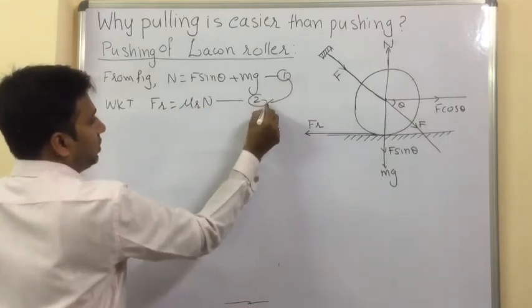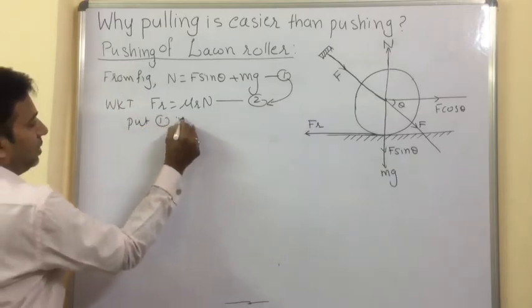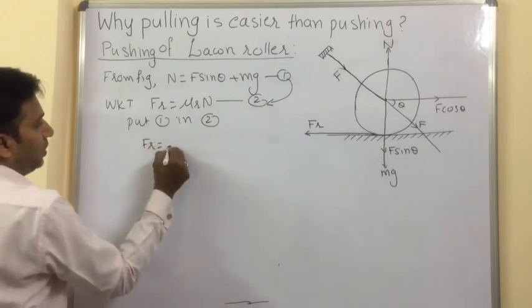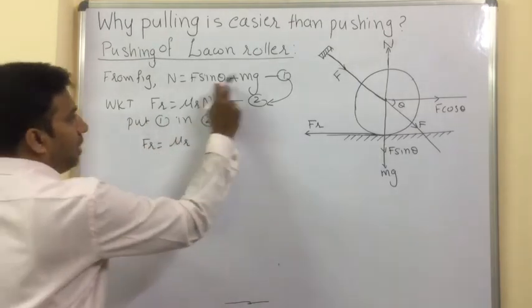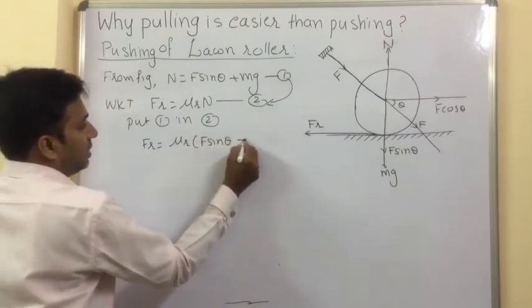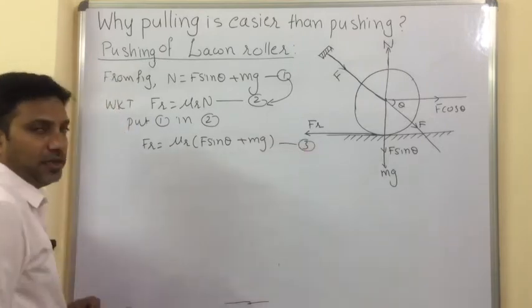Now put equation 1 in equation 2. Fr equal to mu r, in place of N write this complete value, that is F sin theta plus mg. Make this equation number 3.